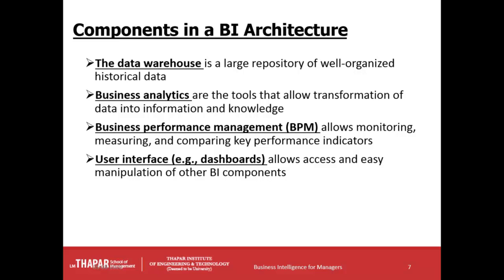BPM, or business performance management, which allows monitoring, measuring and comparing key performance indicators. Again, I would like to highlight that this is the key differentiator between a business intelligence tool and a decision support system tool. Then you have the user interface, which allows easy access for manipulation of other BI components.